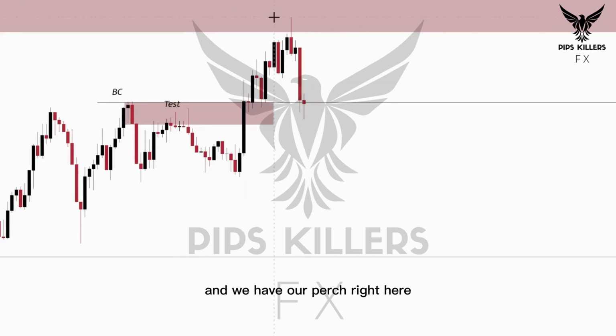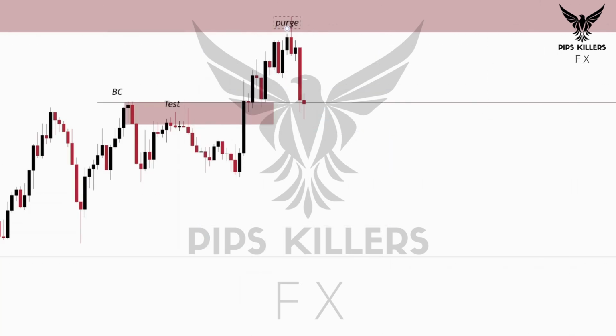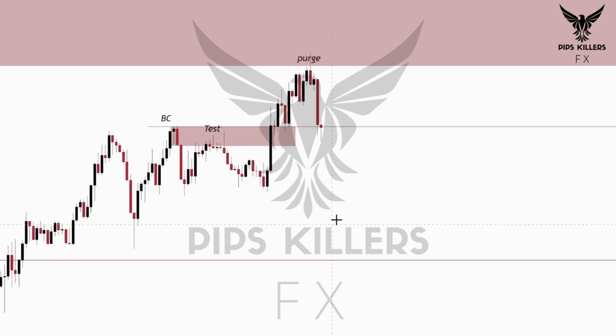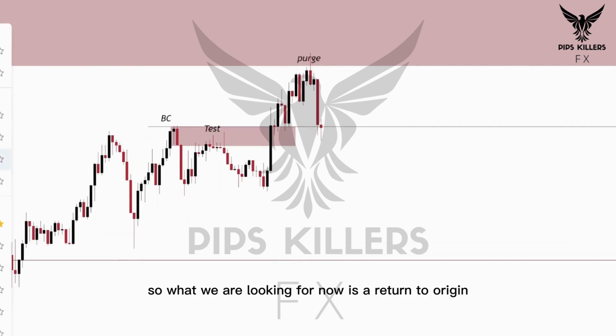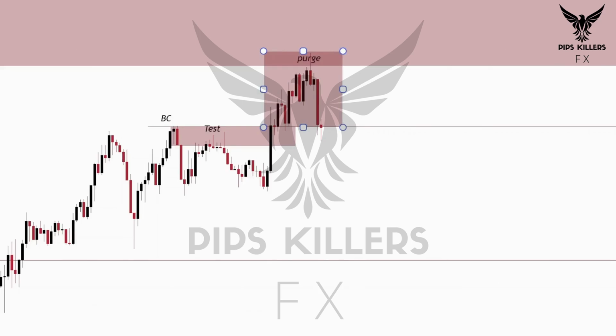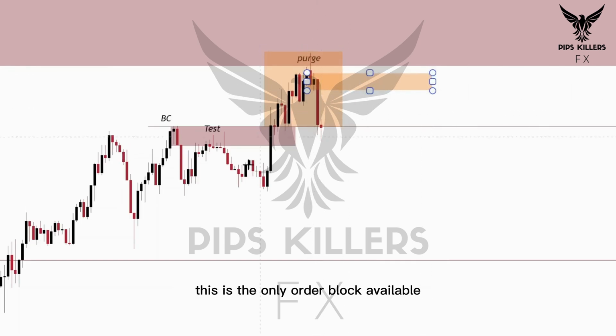And we have our purge right here. So what we're looking for now is a return to origin. Of course, this entire thing is our purge right now, and our return to origin should be an order block inside of the purge or crossing by. This is the only order block available.